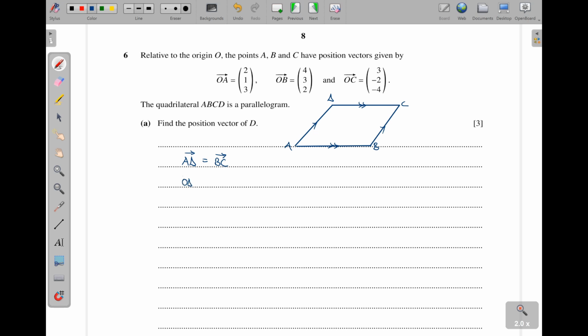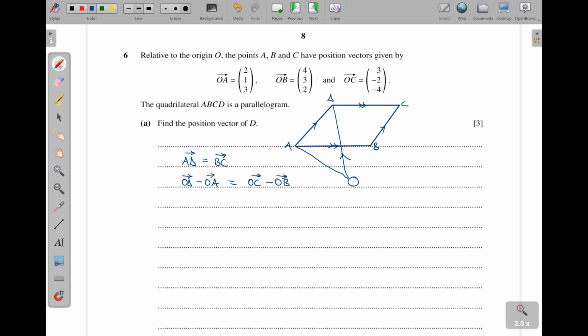To get AD is OD minus OA. Then this one here is going to be OC minus OB. Why am I doing that? A to D: let me say my O was here.